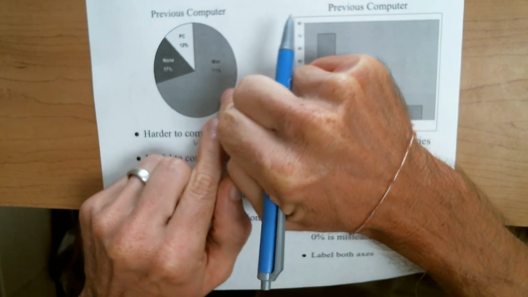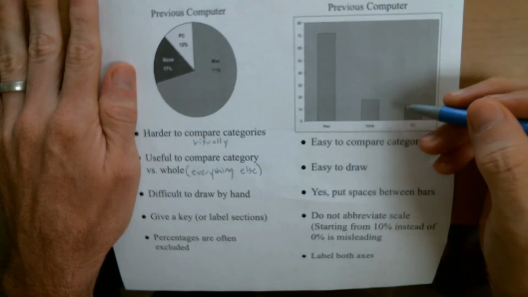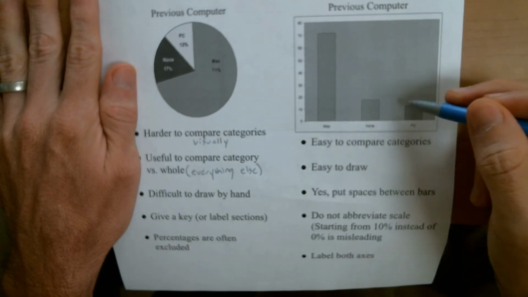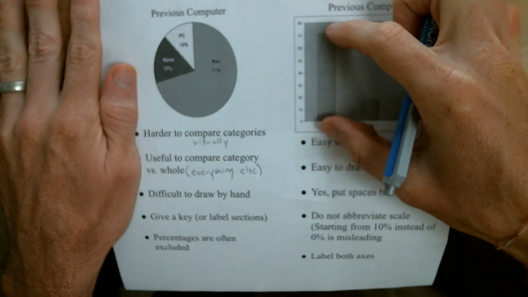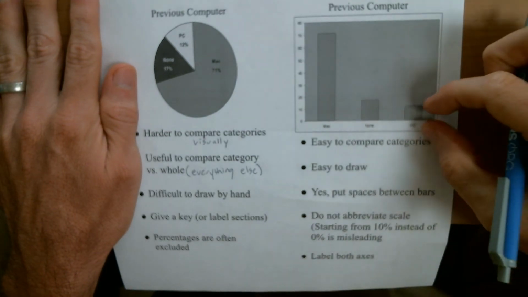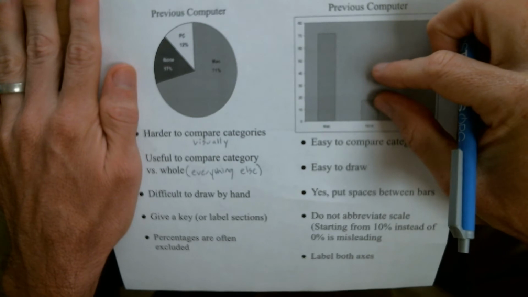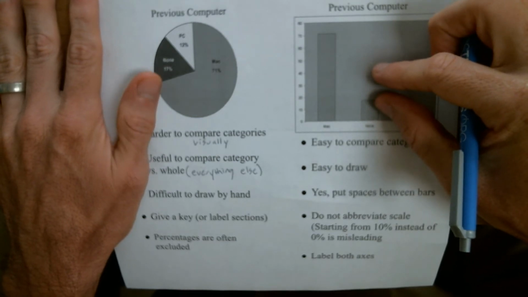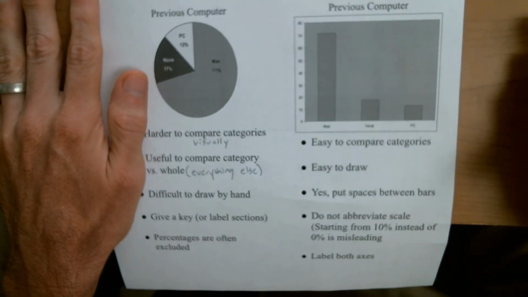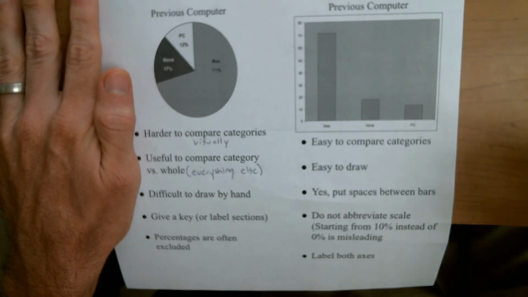Here's Mac, here's everything else. With a bar chart, it becomes a lot trickier to say, here's this bar, everything else is, and then you're like, well, this bar is this high, so let me pretend that it's up here, and then I can compare between this and that. It just becomes very difficult to do.